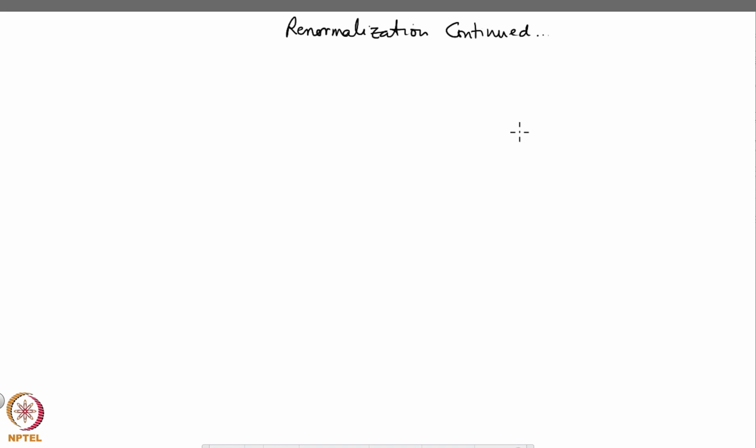So let's first try to understand what we mean by a given theory. Let's suppose that an action is given to you, which is phi 4 action.